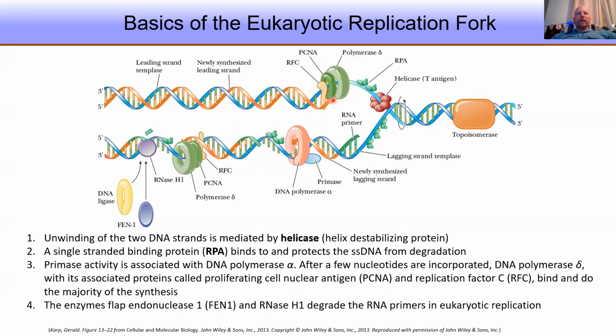Also, we have these two enzymes, FEN1, shown here, and RNase H1. Their job is to break down these RNA primers we had at the beginning. Once we're finished with them, we need to break them down and remove them. And lastly, we need to seal the gaps in the DNA between the fragments, and DNA ligase comes in at the end and joins the DNA pieces together.